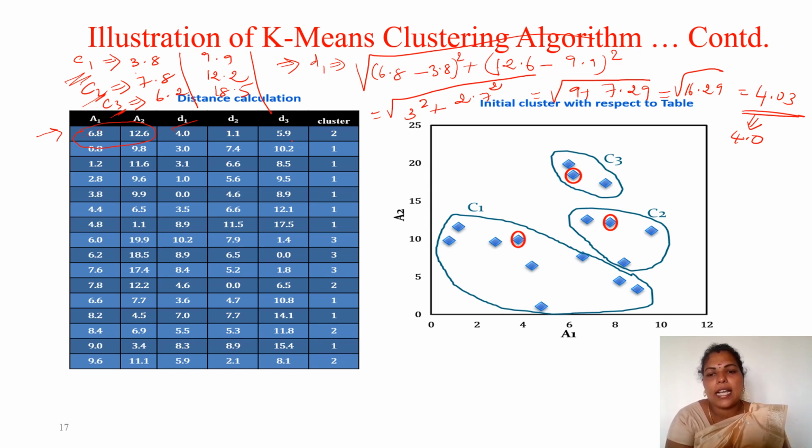Likewise, for the second case, to find D2, we need the distance between this record and C2.